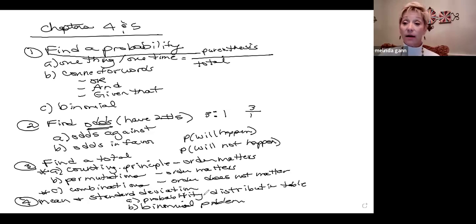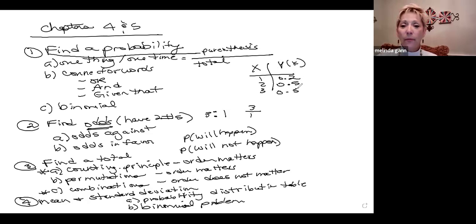So make sure you can do that. Make sure that you understand this, and I'm going to write it down in a second. The way you know if you've got a probability distribution table, it looks kind of like a frequency table, except you've got X and P of X, and you have to have numbers under the X. And these probabilities have to add up to 1.